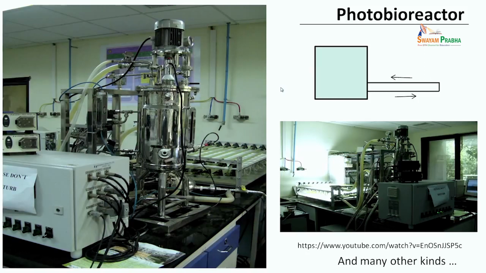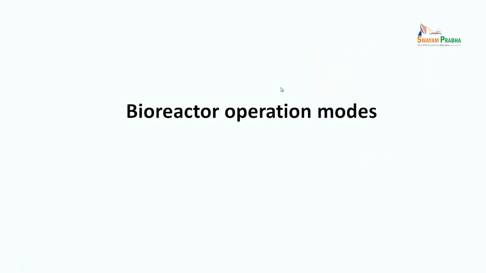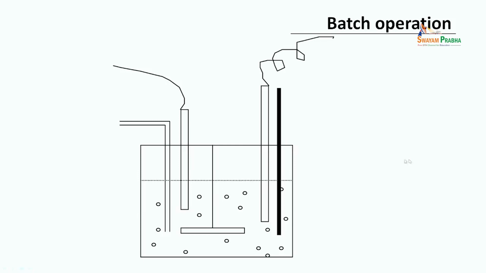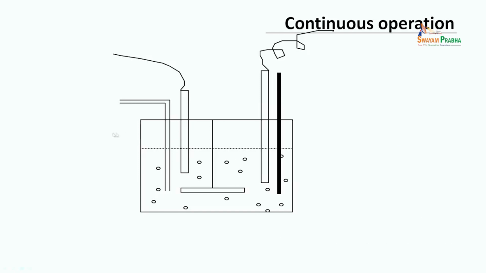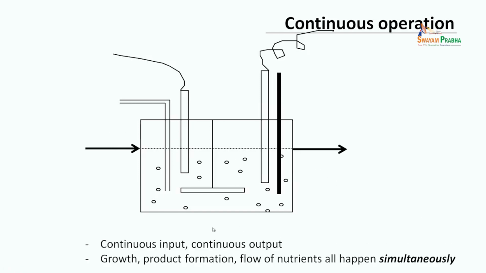And then we said that each bioreactor can be operated in three basic modes, either a batch operation where we dump everything in, wait for the process to complete and dump everything out and proceed with further processing, or a continuous operation where there is a continuous input, a continuous output, the growth, product formation, flow of nutrients all happen simultaneously.